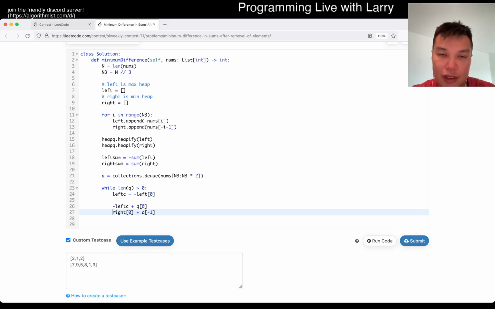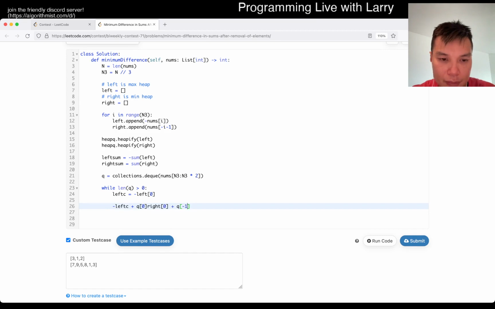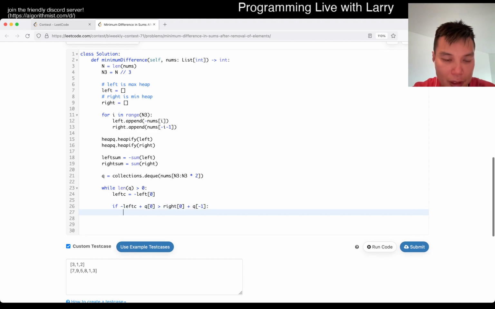So this is the contribution to the answer, and we want the minimum of it, right? No, that's not true. Wait. Well, we want what contributes the most negativeness. So that means that if this is bigger than that, then write some.